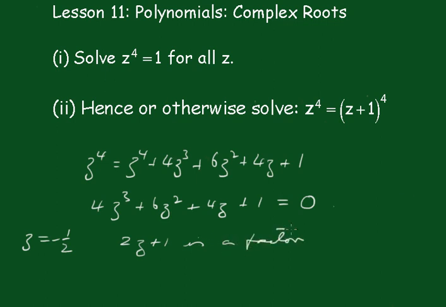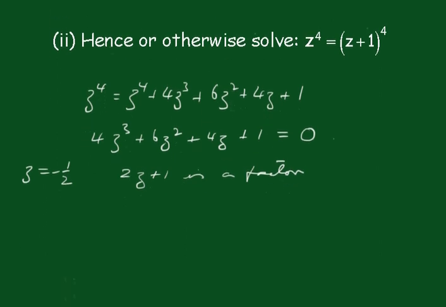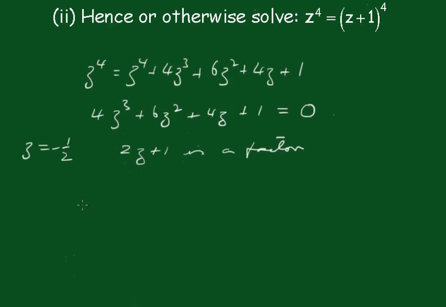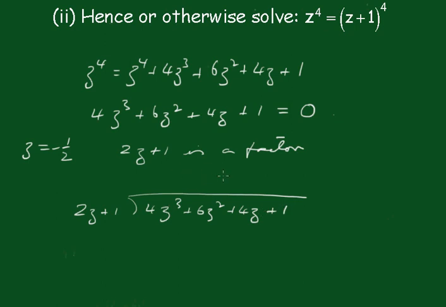So now that means that 2z plus 1 is a factor. And now we'll simply divide 2z plus 1 into all this: 4z cubed plus 6z squared plus 4z plus 1. And now I'll multiply first of all by 2z squared. 2z squared, this will give me 4z cubed plus 2z squared.